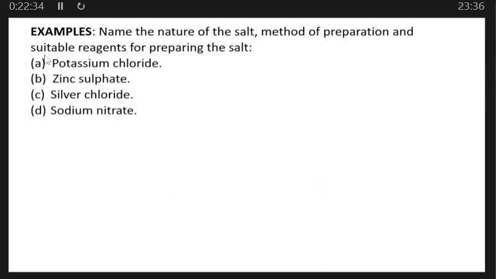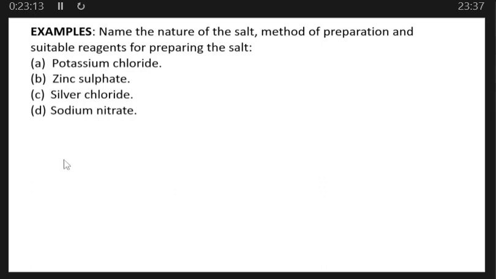They are asking us to state the nature of each salt, the method of preparing it, and also the suitable reagents for preparing it.